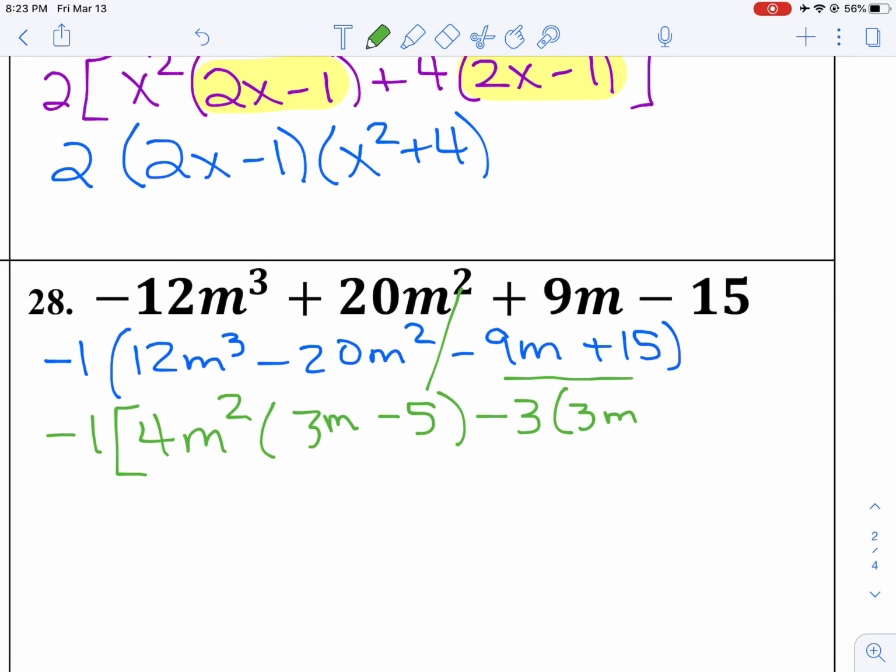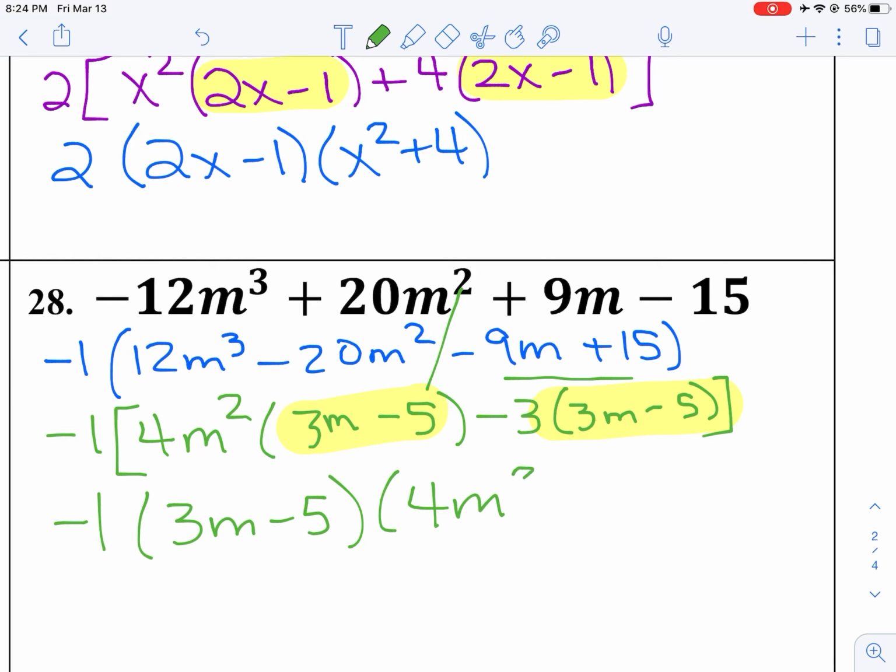And I would get 3m minus 5. Look at that. I have it again. So my dogs are going to bark, so I apologize right now. So they have that in common. So I have a negative 1, I have a 3m minus 5, and my leftovers.